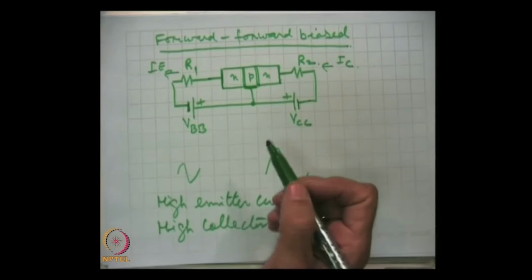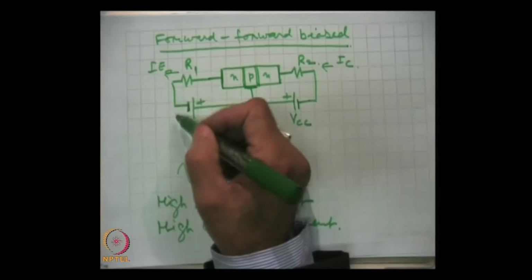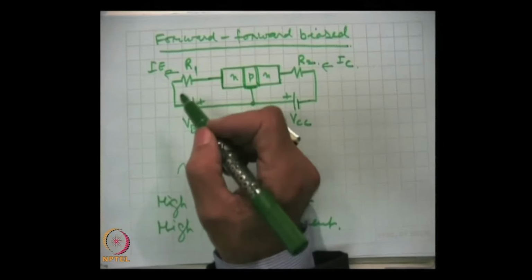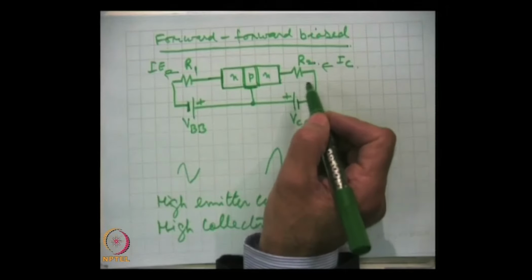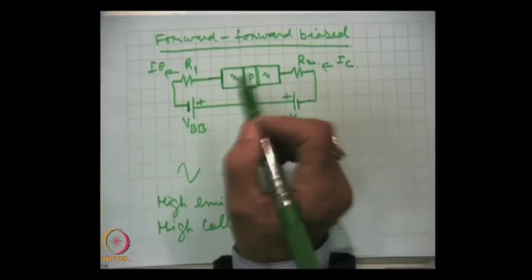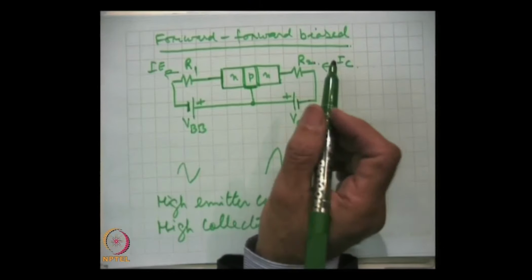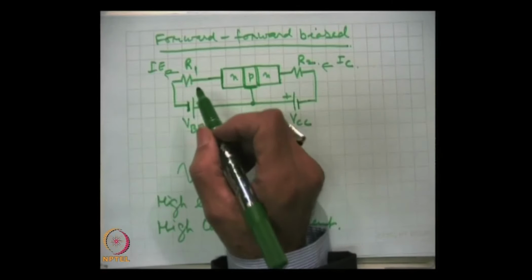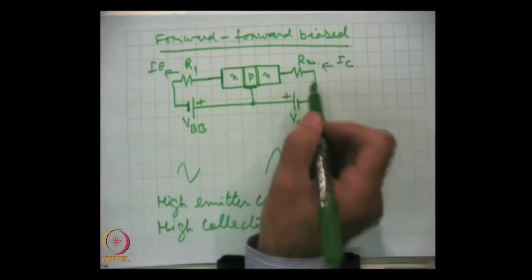How will amplification occur? We are creating a signal here, and this should be amplified, which is possible only when the output voltage or current varies in accordance with the input signal. So, that will not happen.